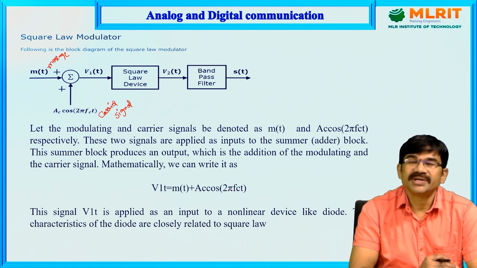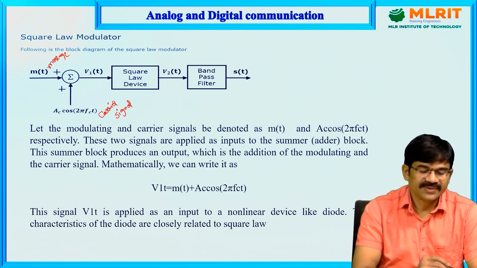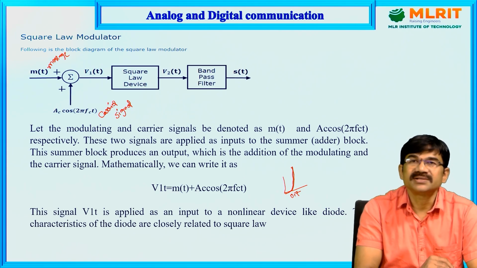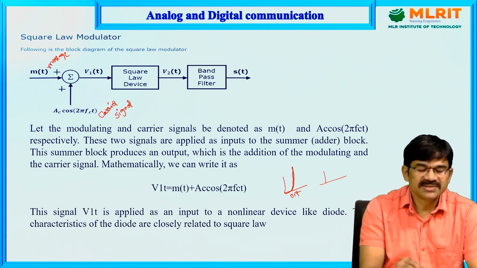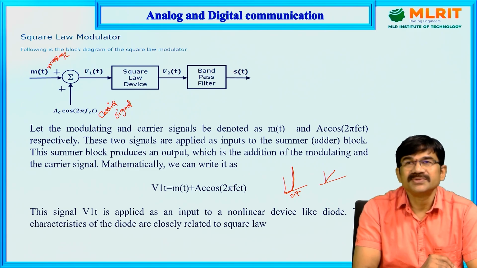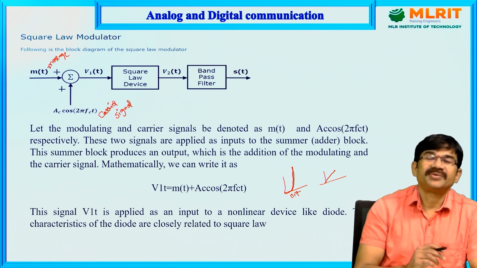Diodes and transistors are non-linear devices; their characteristics are not linear. For the diode, the cut-in voltage is 0.7 and this is the non-linear characteristic, unlike the linear characteristic like this. So we use the diode as a square law modulator to generate the amplitude modulated wave.